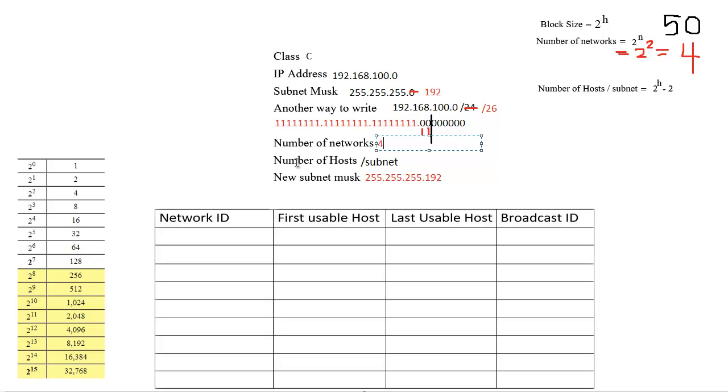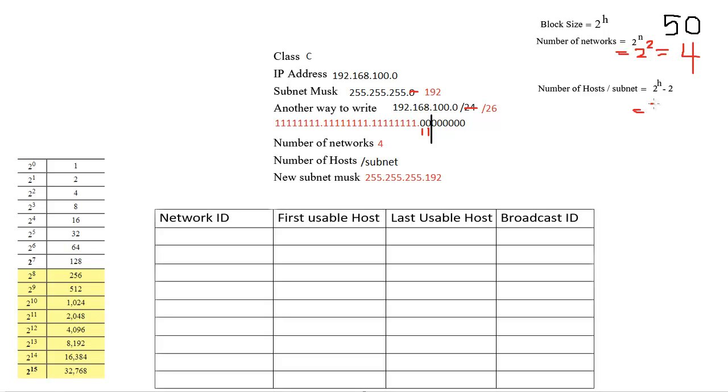The number of hosts per subnet is equal to 2 to the power h, where h is the number of zeros. So how many zeros here? 6 zeros. So number of hosts is equal to 2 to the power 6 minus 2.